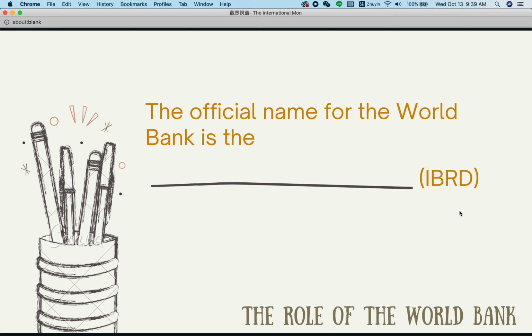During the 1960s, the bank also began to lend in support of agriculture, education, population control, and urban development. The bank lent money under two schemes.